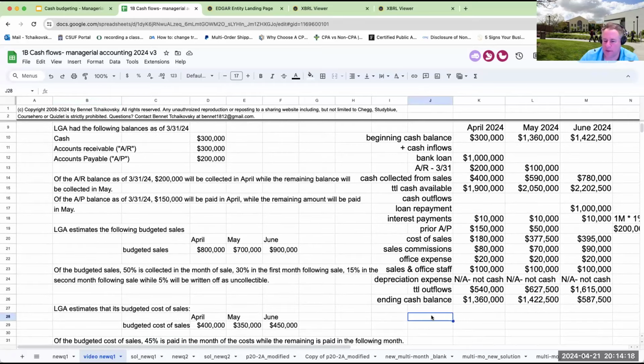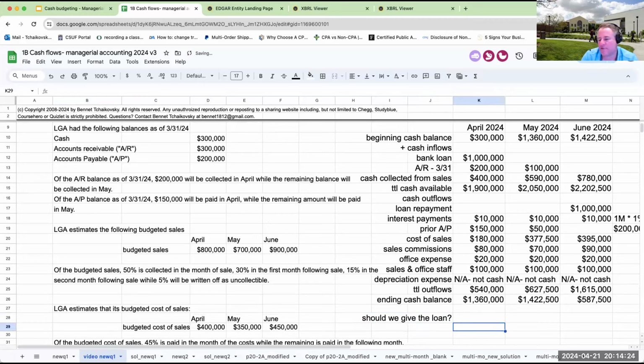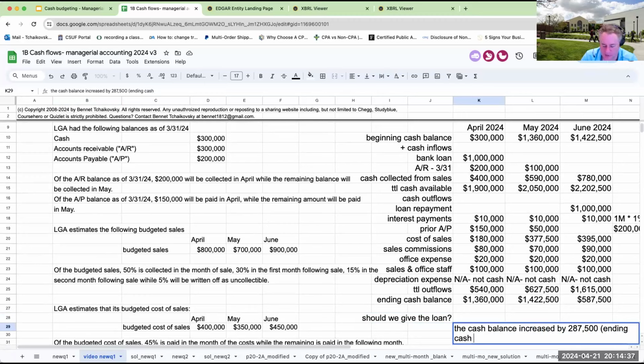The first comment I would make is that the cash balance increased by 287,500. Now, where did I get that? Ending cash is 587.5 minus 300,000 beginning.